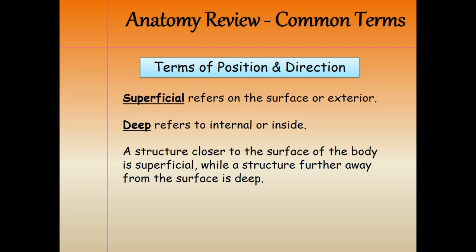An example of this would be the rectus femoris muscle, which is in the quadriceps, is superficial to the vastus intermedius, right? However, the vastus intermedius, which is the deepest quad muscle, is deep to the rectus femoris muscle.